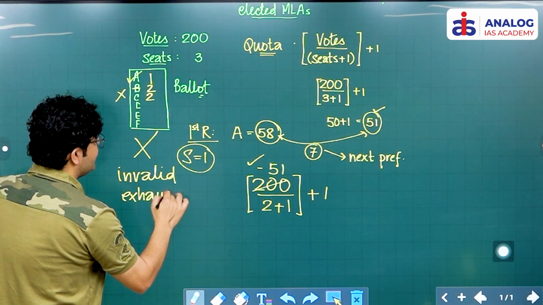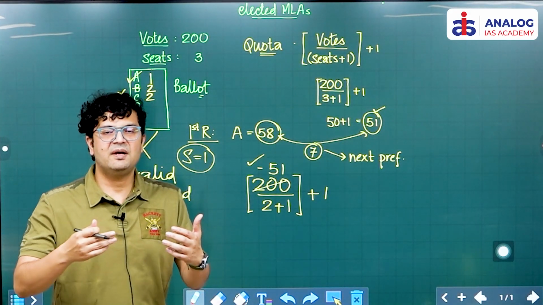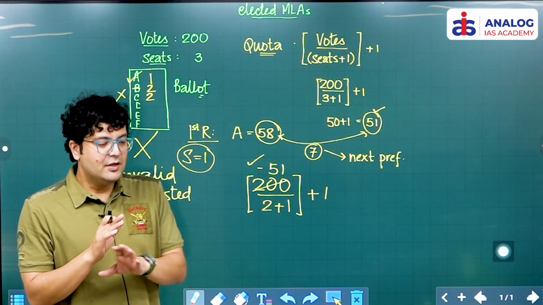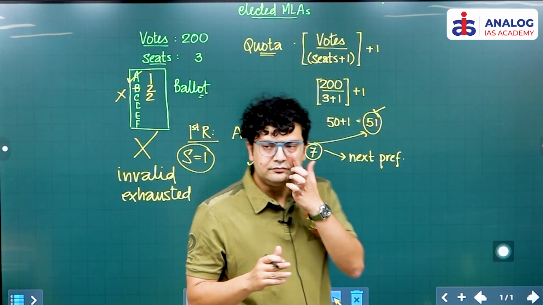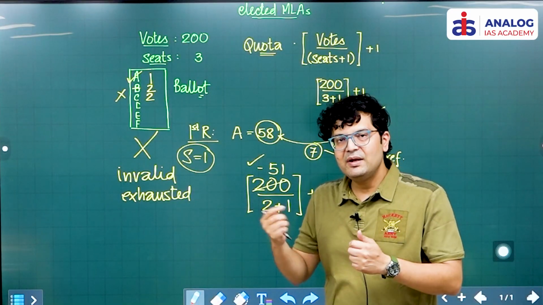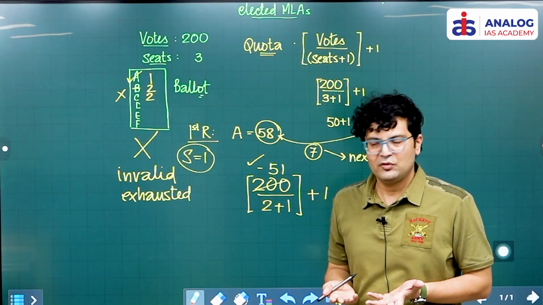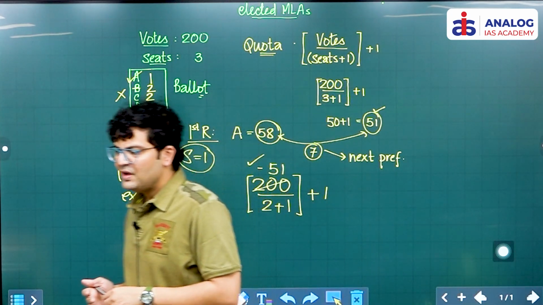So your quota might keep on changing. And ultimately, this is how step by step the process continues. Now see, we will never get to know what exactly was the preference marked, and how many votes were actually being transferred, because this is all internal as a process. So we don't know.